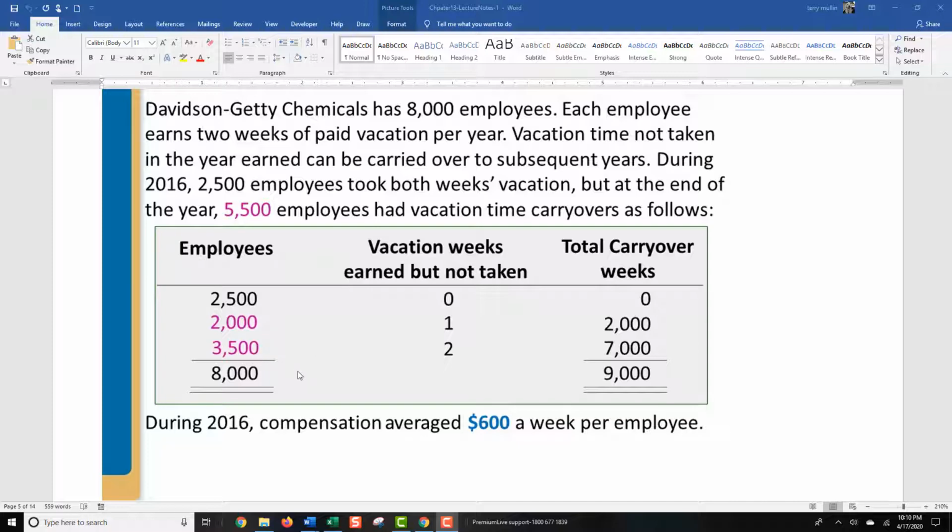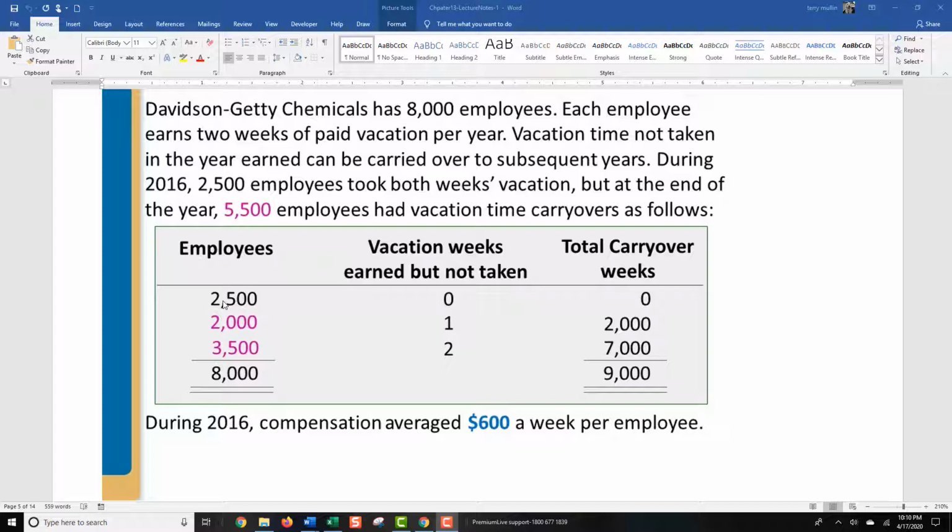For 2,500, vacation earned but not taken was 0, so they had no carryover. 2,000 employees had taken 1 week, right? And 3,500 hadn't taken any vacation, so they had both of their weeks still that they could take in the future.